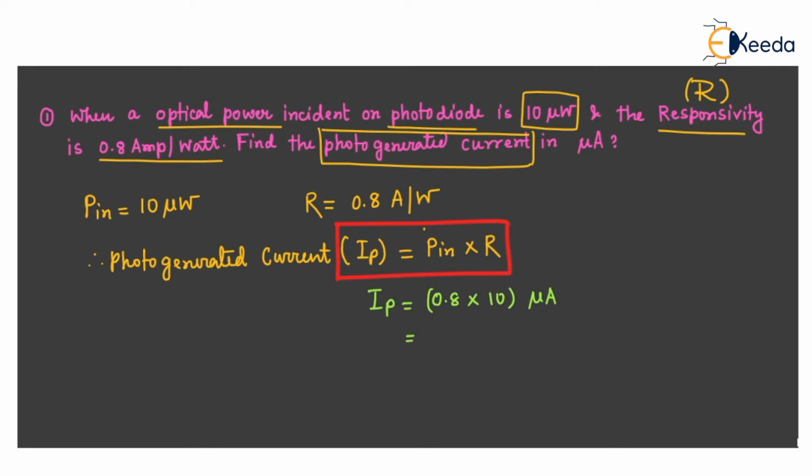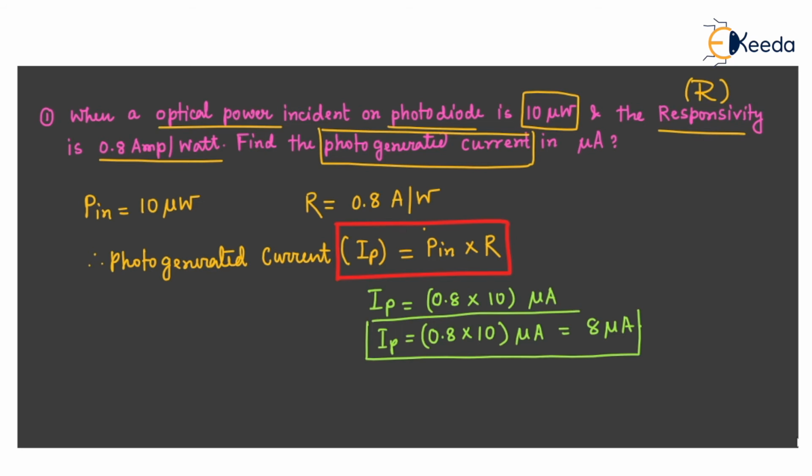So ultimately we get IP as 0.8 into 10 microampere, which equals 8 microampere. So this is the value of the photo generated current in microampere, and this will be the answer.